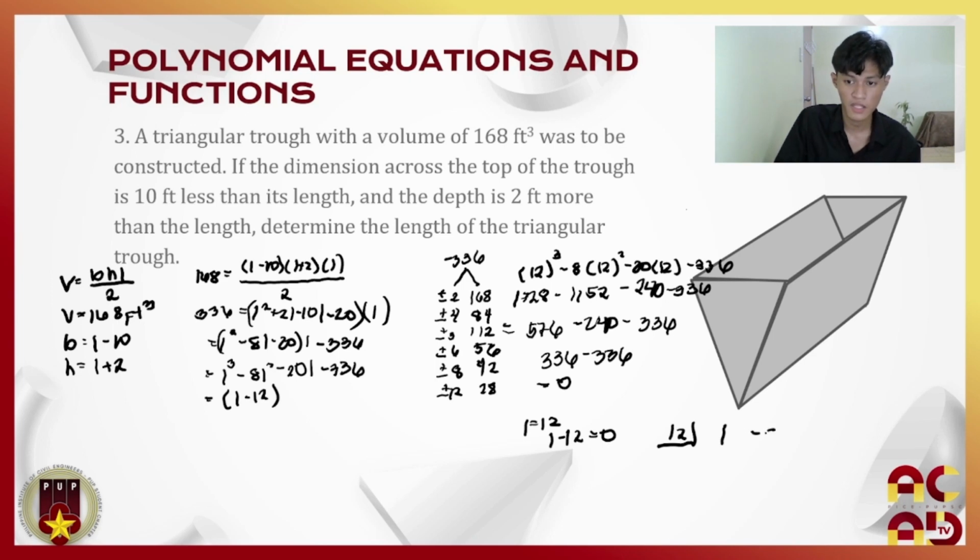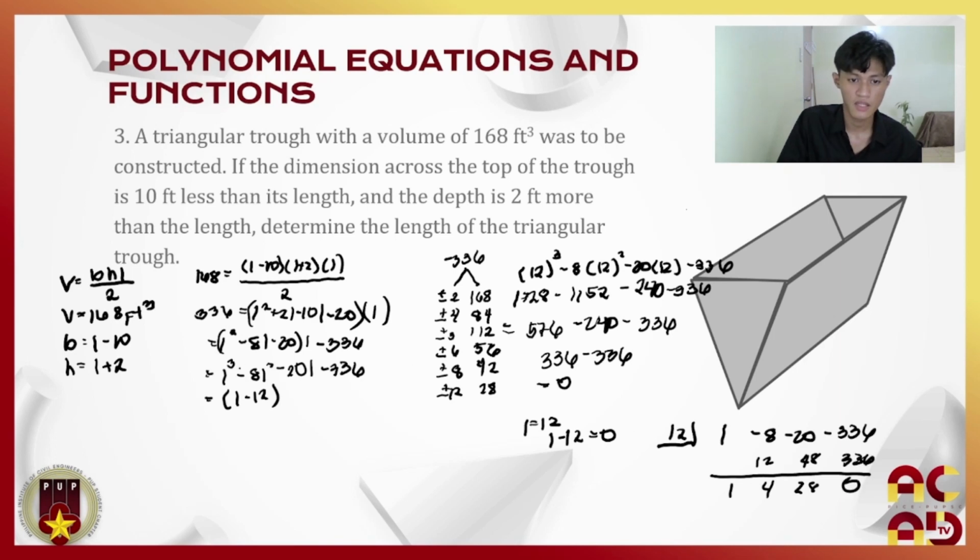So we have 1, negative 8, negative 20, and then negative 336. Bring down 1 times 12, we have 12, 12 minus 8, we have 4, 4 times 12, we have 48, 48 minus 20, 28, 28 times 12, we have 336, nagiging 0.